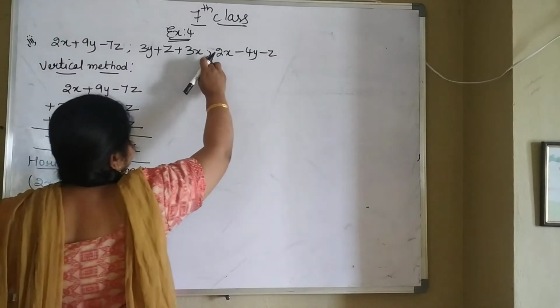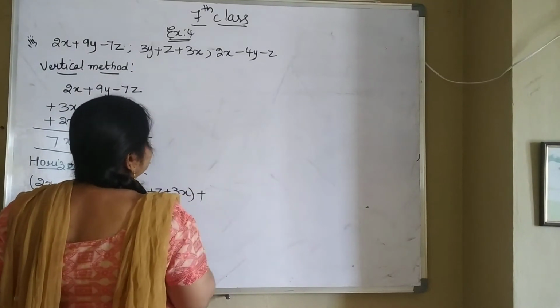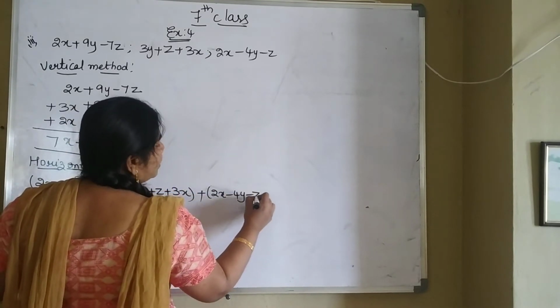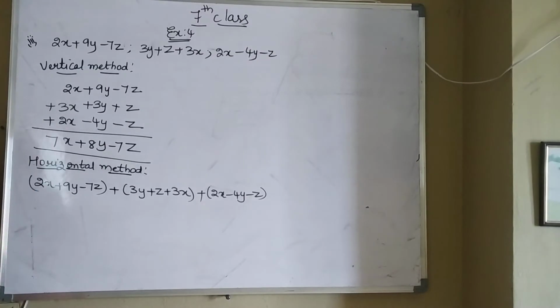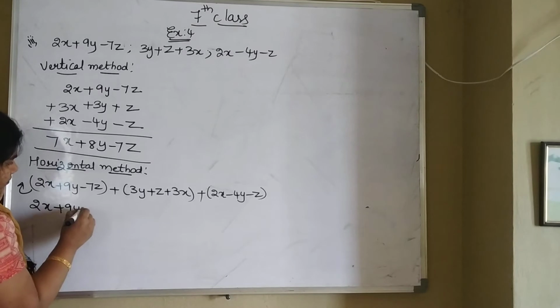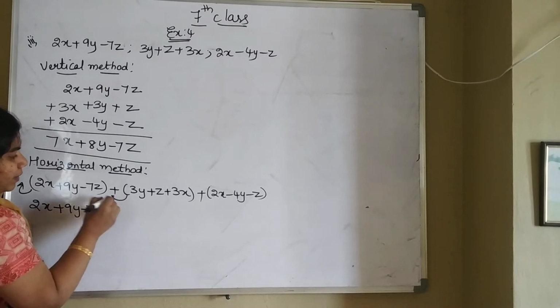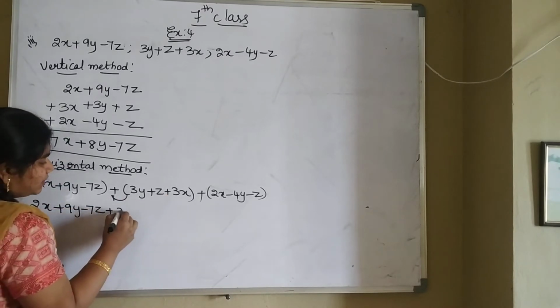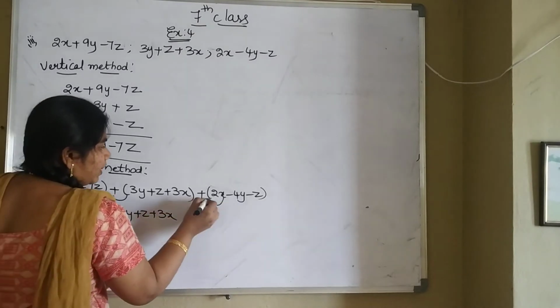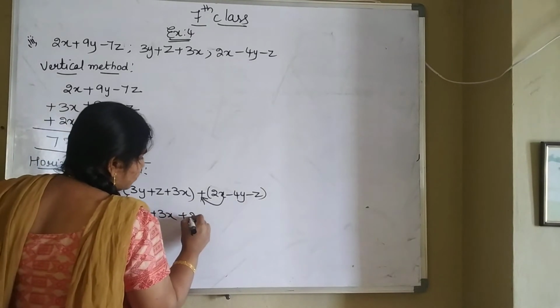Next, in place of this we have to put plus 2x minus 4y minus z. So these are our three expressions. We are adding these three expressions. Okay, so before the bracket, if a plus sign is there, write as it is.